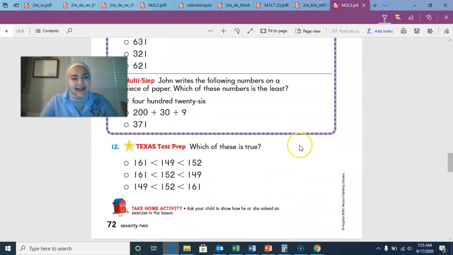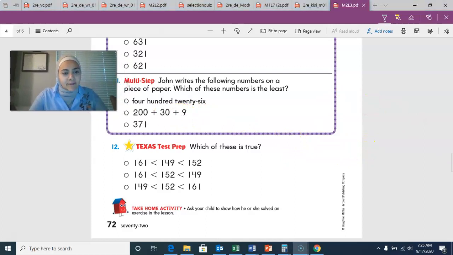Let's look at number 11 together because I feel like some people might struggle on that a little bit. It says, John writes the following numbers on a piece of paper. Which of these numbers is the least? So we're looking for which one is the smallest number that he wrote. So they wrote this in different forms. What we have to do is write it all in numeral form. So this one, 400.